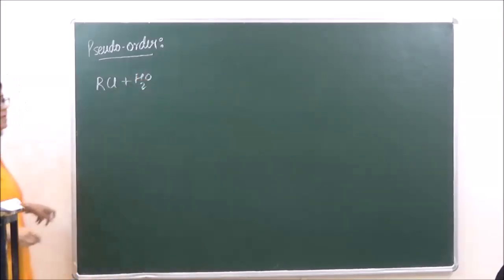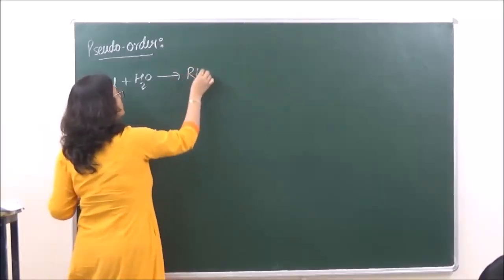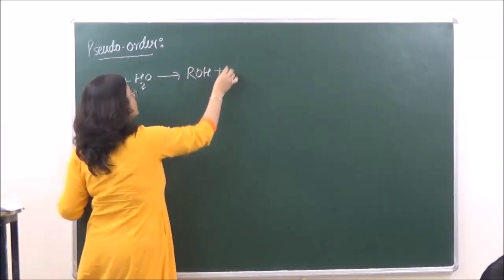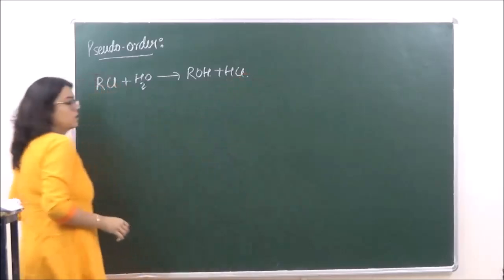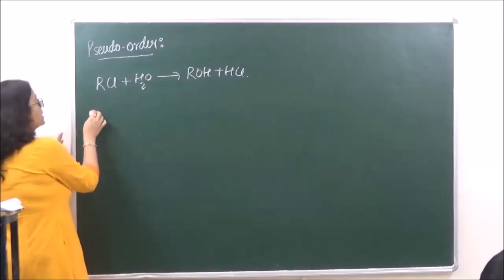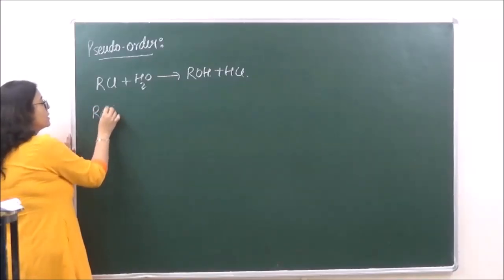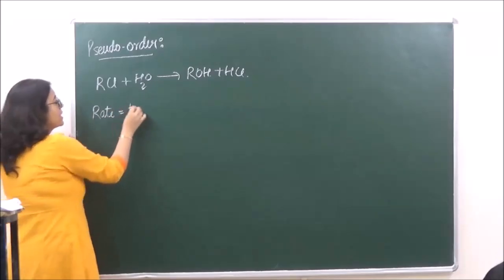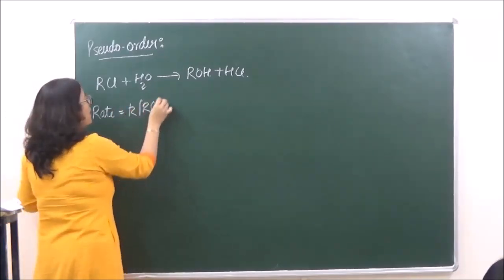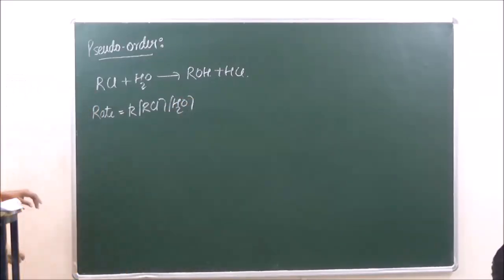a reaction of RCl plus water, now the expected order of the reaction, according to the rate law, should be what? The rate should be given as K into concentration of RCl into concentration of water.